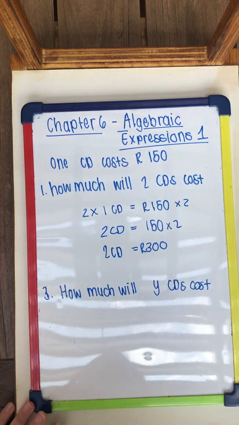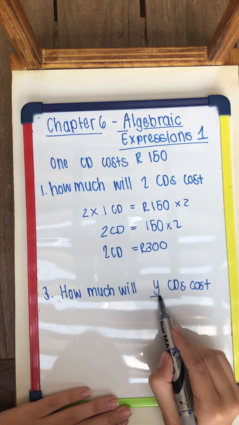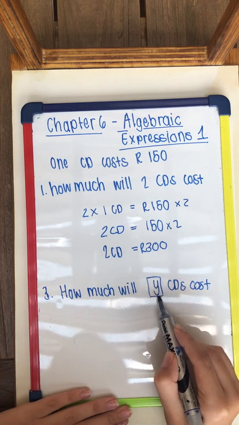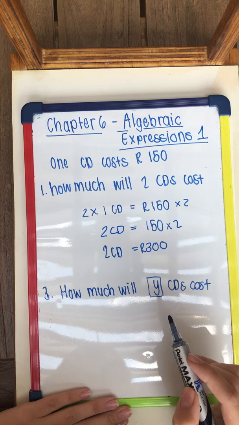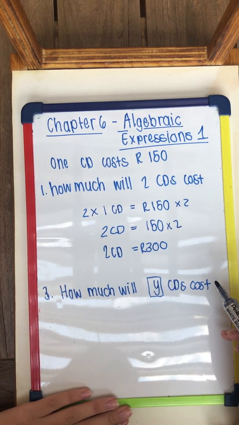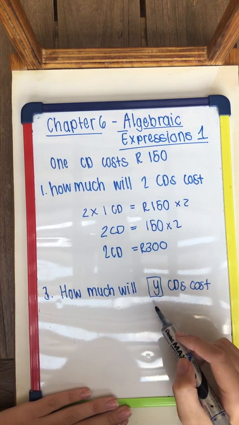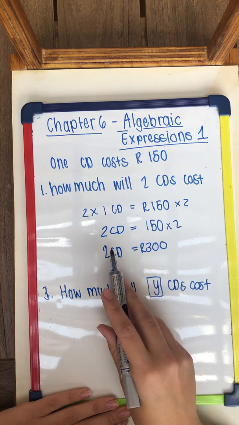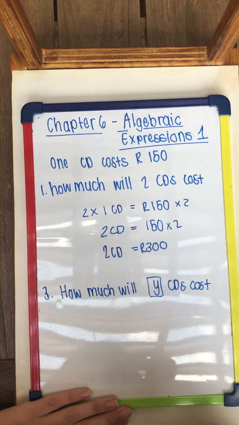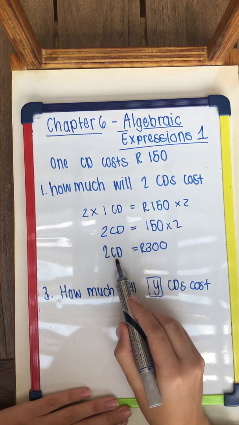And this just basically means that with y as my variable, so this is an unknown number, if I put in any number in y, I'll be able to get how much those number of CDs will cost.